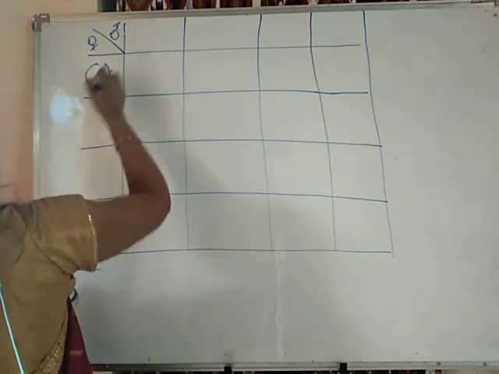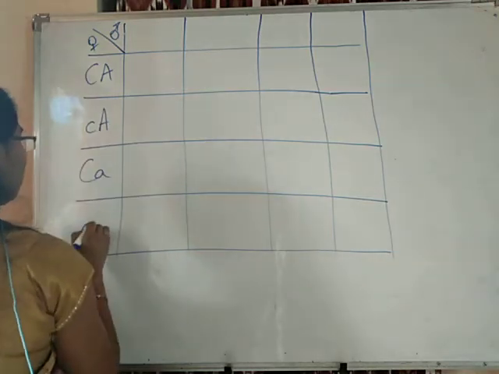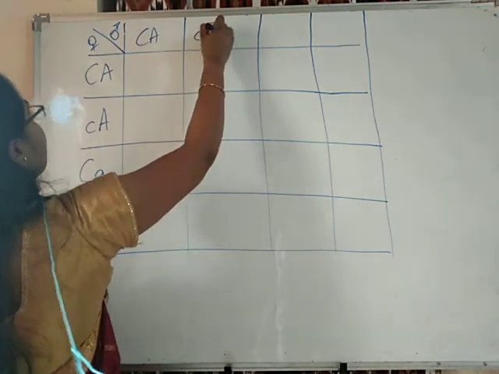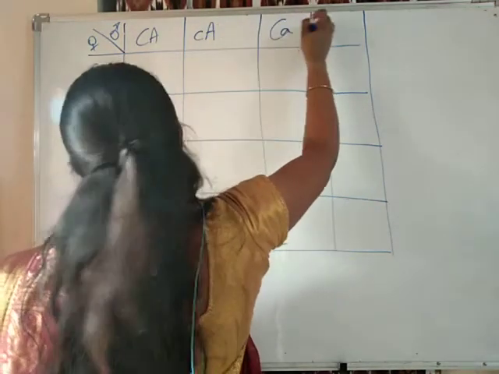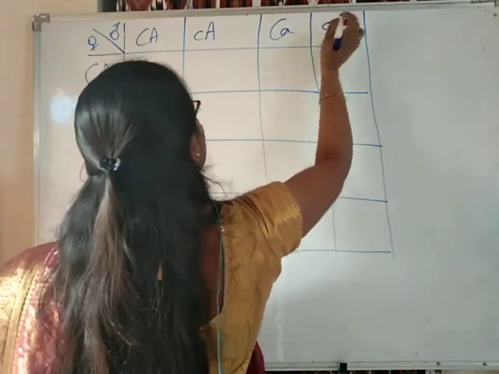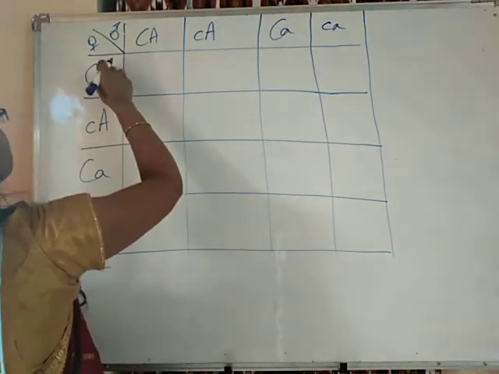These are the gametes. So let us write the possible genotypes.